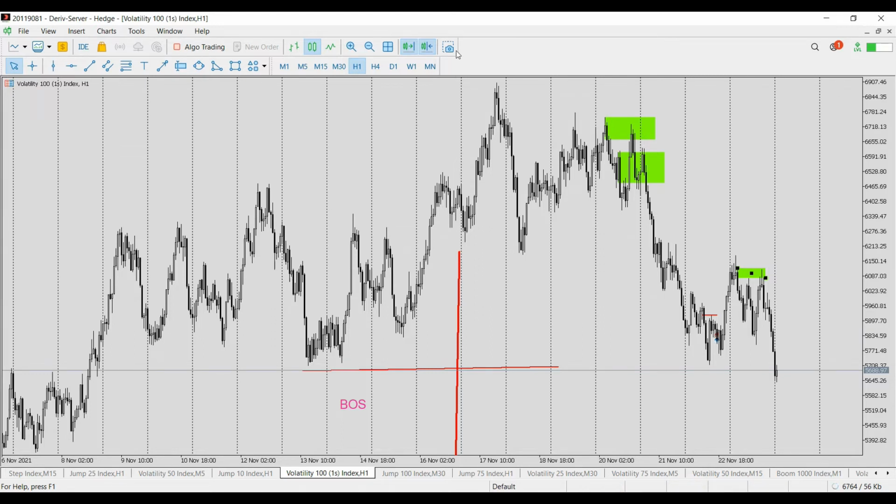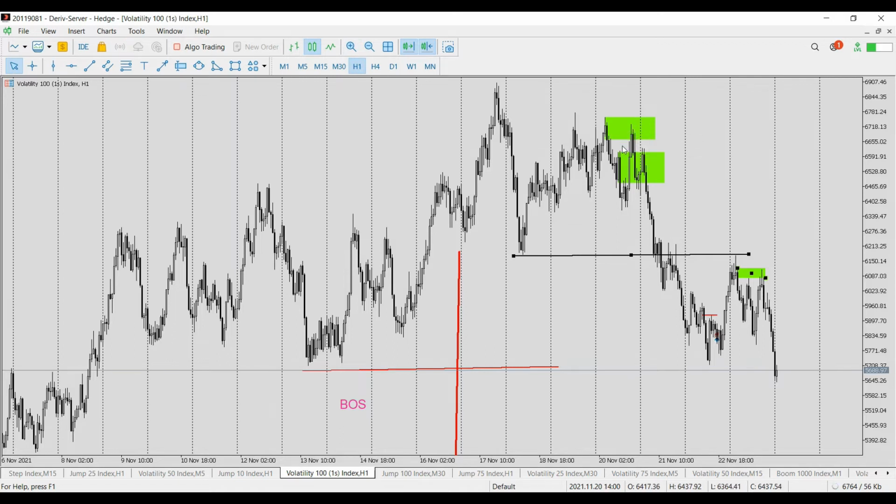The next thing we are looking for is BMS, that's break of market structure, and that happened somewhere around here. After that, what's the next thing we're looking for? Our trigger entries. We had a trigger entry here, which I believe a lot of people caught.